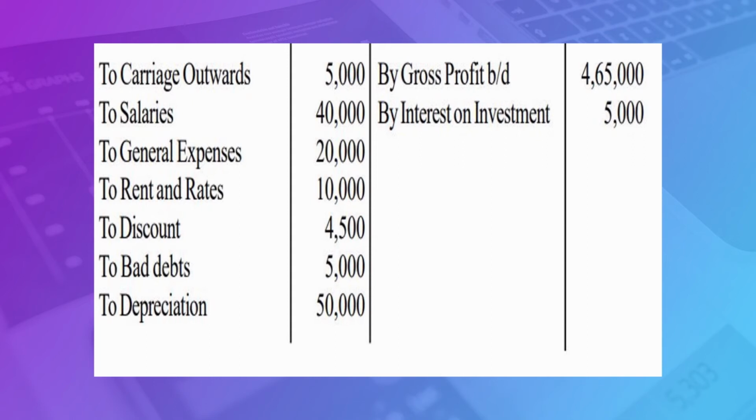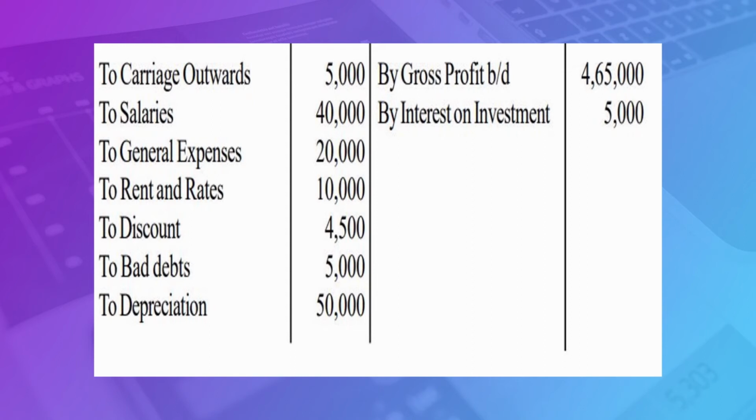Now, we come to the debit side of profit and loss account. To carriage outward 5,000, it means these are the expenses which we have paid in order to sell the goods. Carriage outwards. To salaries 40,000, this is the salary pertaining to the staff working in the office. Then the general expenses again given in the trial balance 20,000.